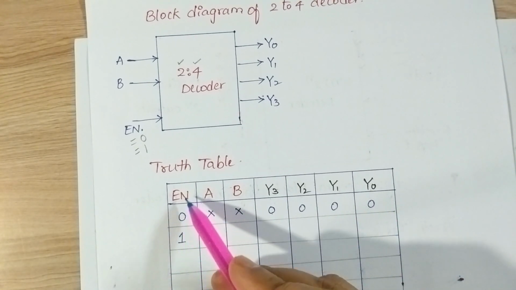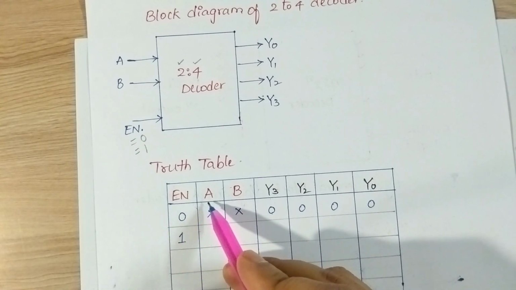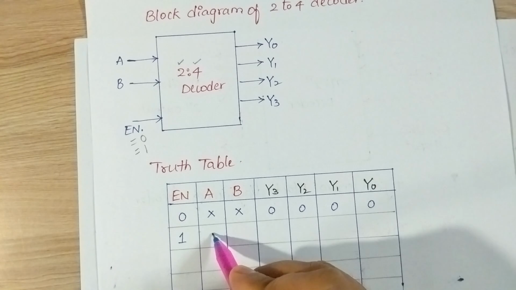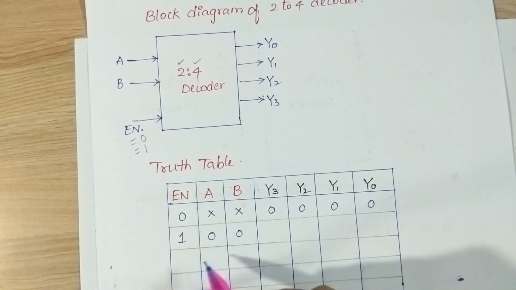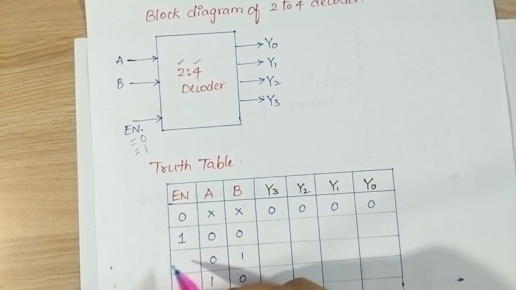In the second case, when the enable pin is 1, there are two inputs which will have four possible input combinations. Those are 0 0, 0 1, 1 0, 1 1. In these four combinations, the enable pin is 1.